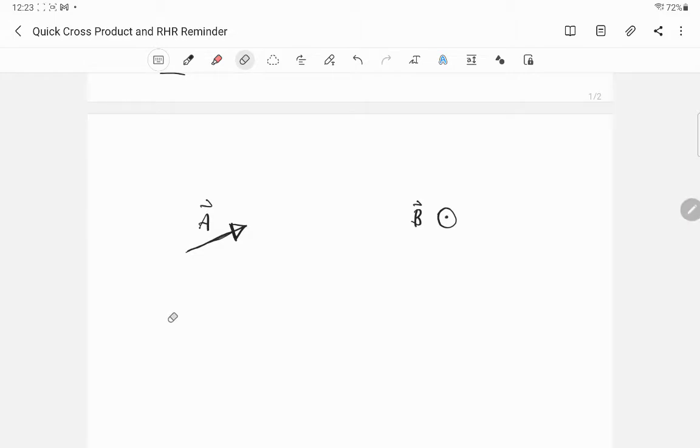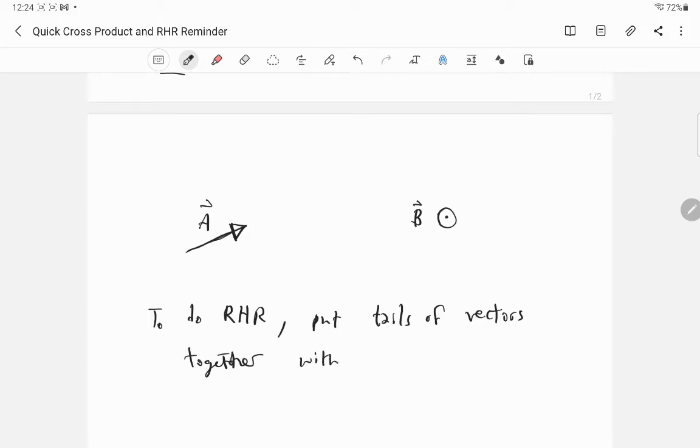All right, so here's what you do. In order to do the right-hand rule, put the tails of the vectors together, but without changing directions.